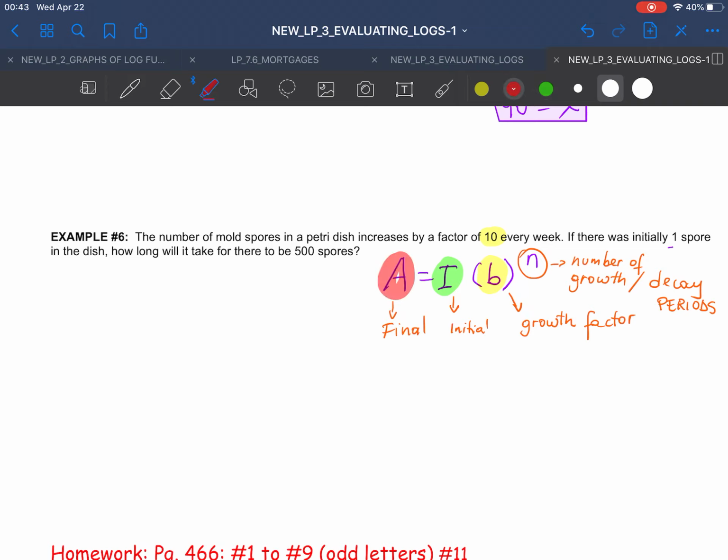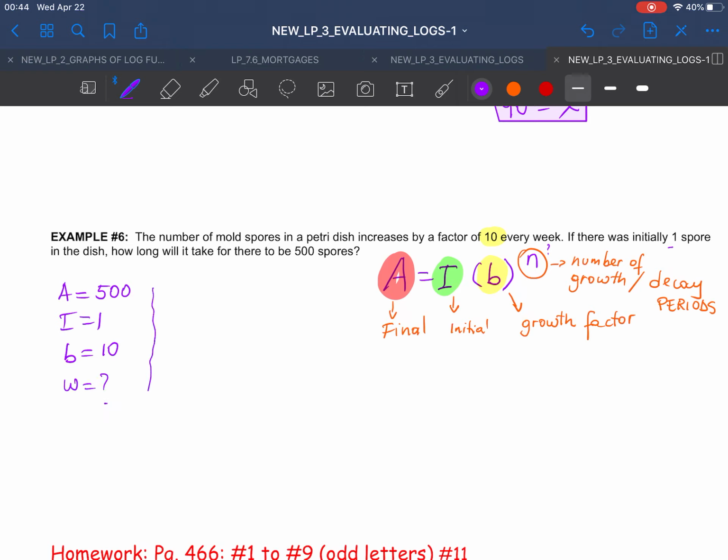So the only unknown we have here is N. I usually like to write all the information down first. So A is 500, I is 1, B is 10, and we don't know the number of weeks. I'm going to let that be W.